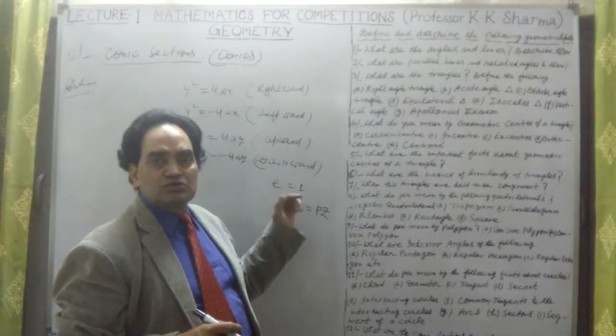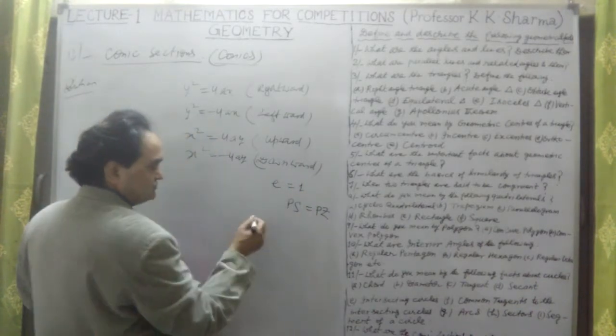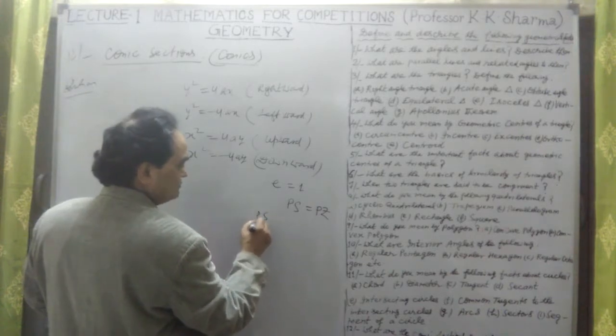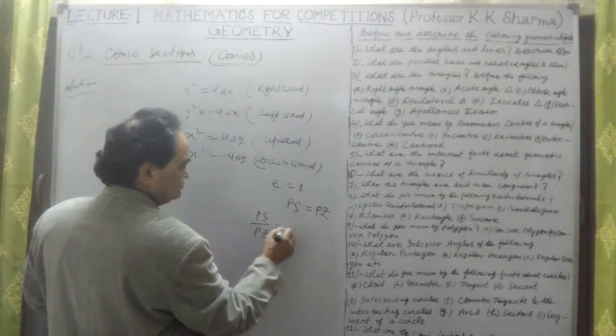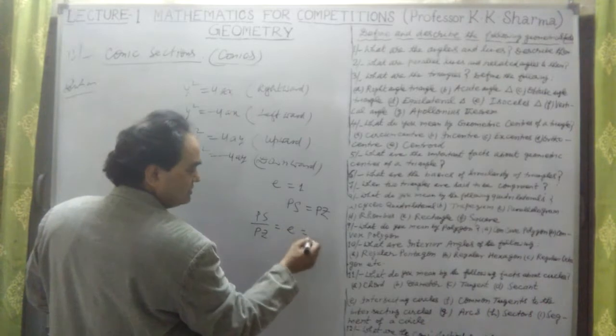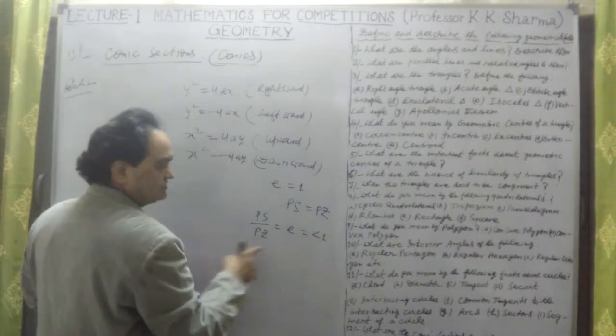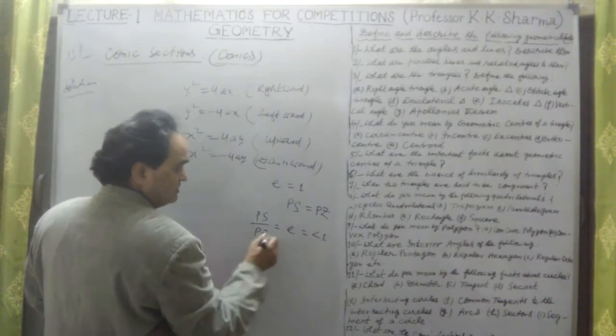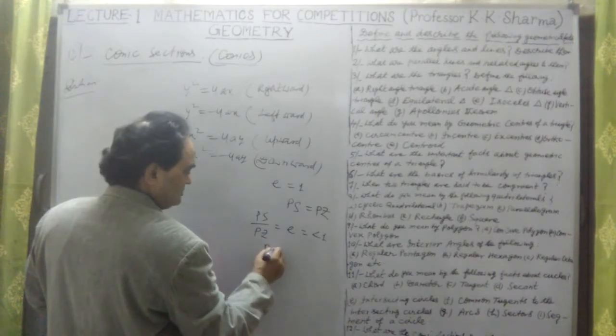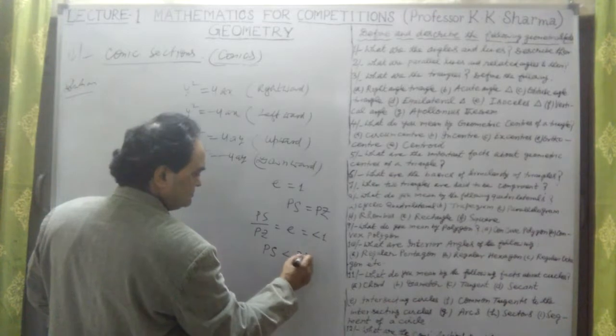Eccentricity is this ratio. In the case of an ellipse, PS upon PZ is equal to e, which is less than 1. In that situation, PS is less than PZ.